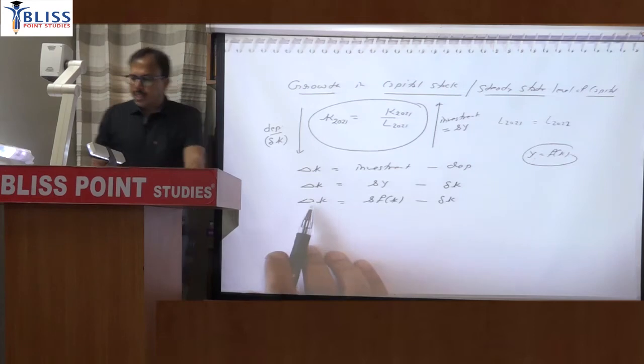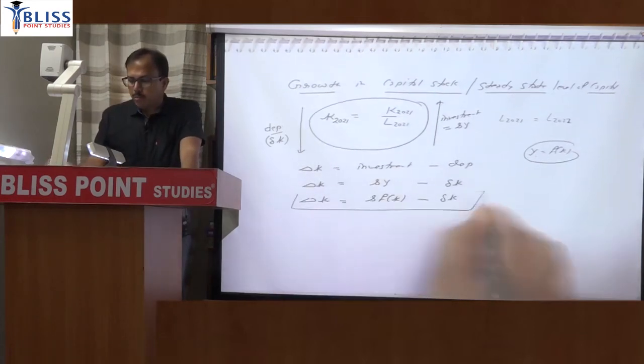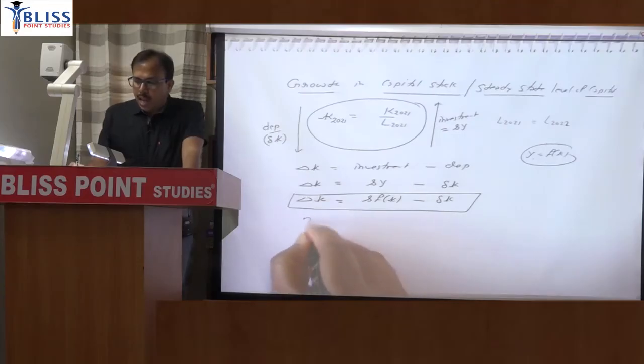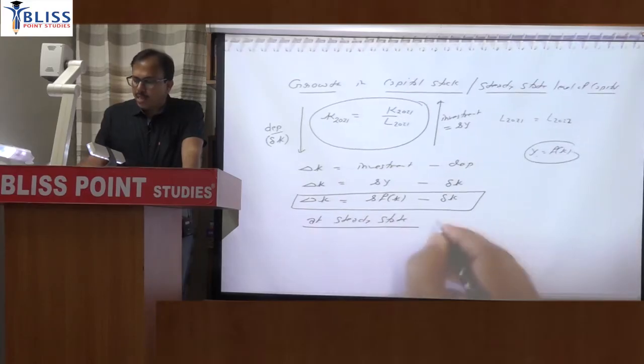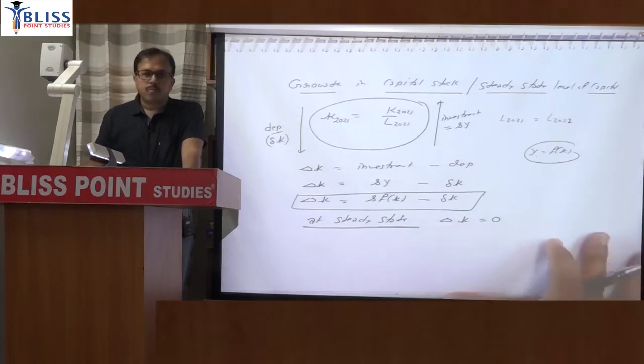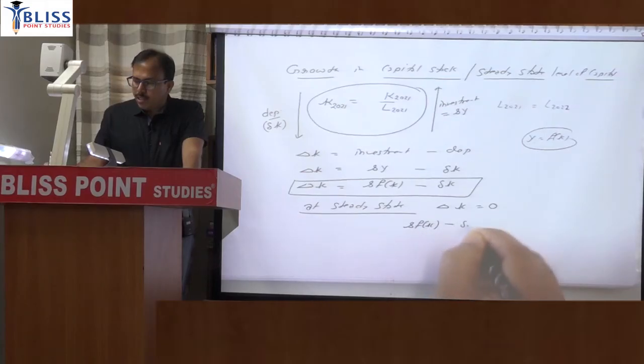So delta K, that means the change in the capital stock, is determined by this. But at steady state, remember, delta K will be equal to 0, which means s f(K) minus delta K equals 0.